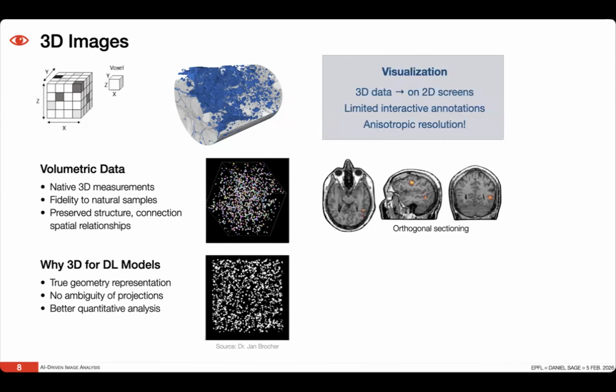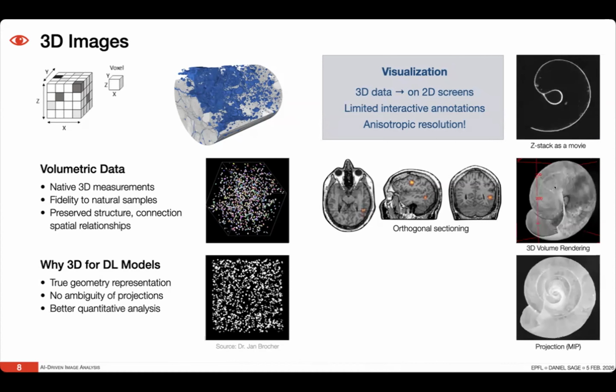With 3D, we have another challenge, which is the visualization. We all have a flat screen, 2D, and we want to see 3D data. So you have to find some kind of tricks. In medical imaging, they use orthogonal sectioning. In other fields, you can make a 3D volume rendering.